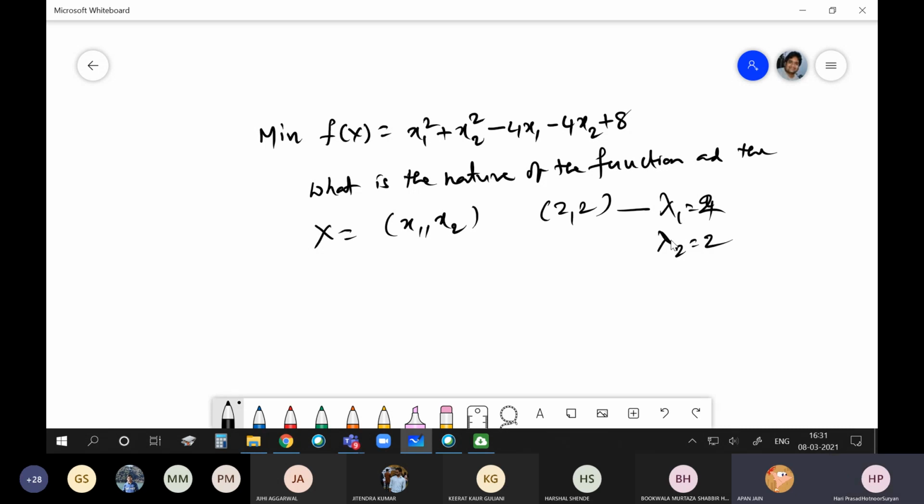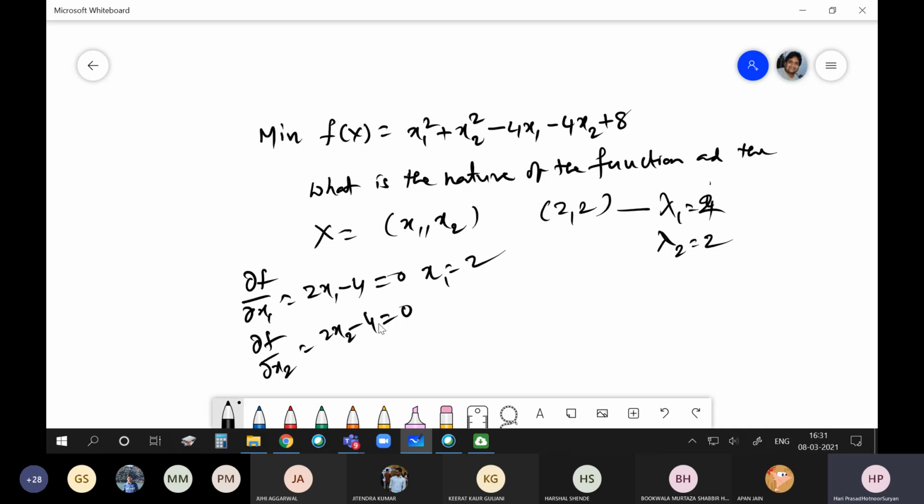So basically, what is dou f by dou x1? It is equal to 2x1 minus 4, isn't it? And if this should be equal to 0, x1 will be 2. Similarly, dou f by dou x2 is equal to 2x2 minus 4 equal to 0. That means x2 is also equal to 2.